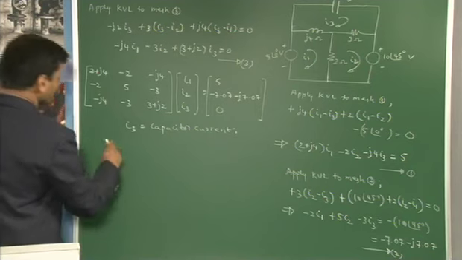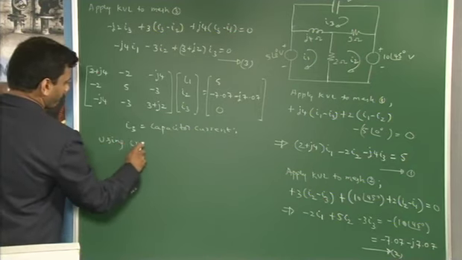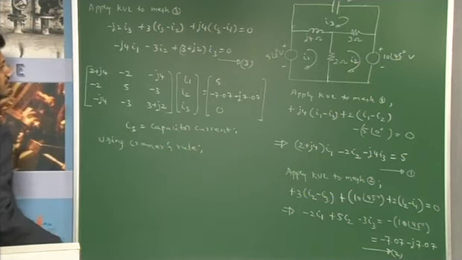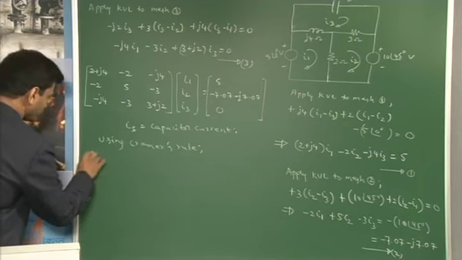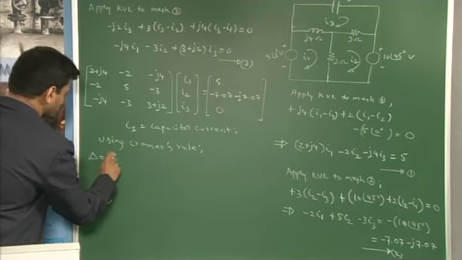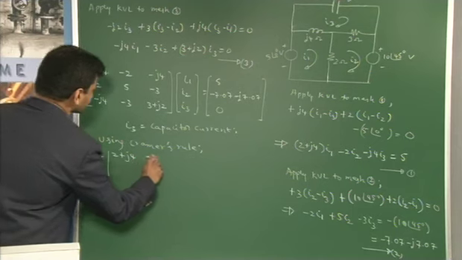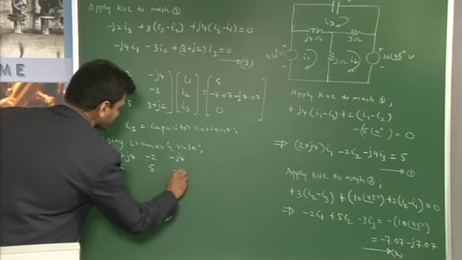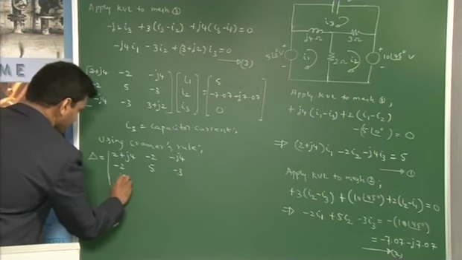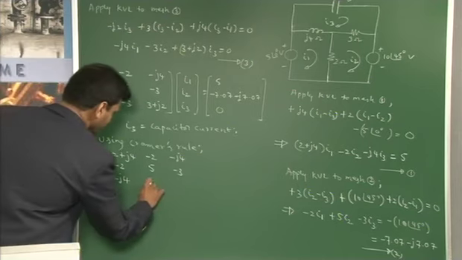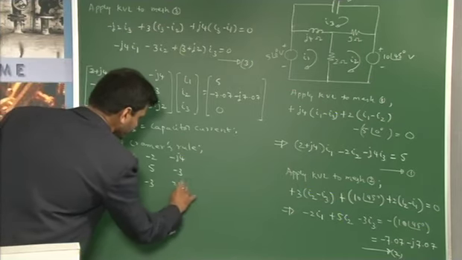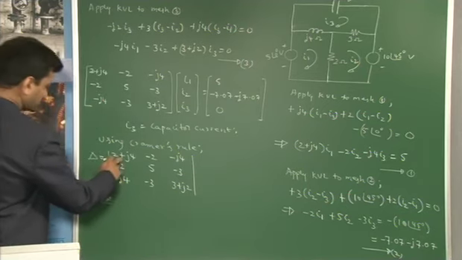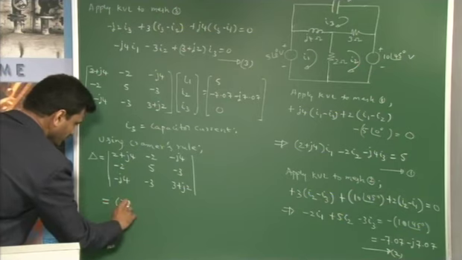So using Cramer's rule, we consider the delta: 2 plus J4, minus 2, minus J4; minus 2, 5, minus 3; minus J4, minus 3, 3 plus J2. This determinant we have to now evaluate. There are two terms, let us put this in brackets.